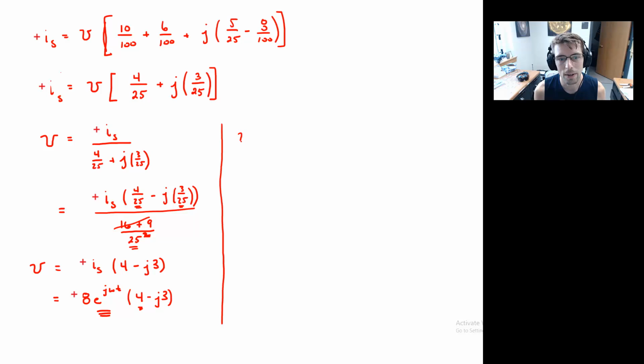Okay. So what do I have? I have v equals negative 8, and then I have cosine of omega t plus j sine of omega t. And I want to multiply that by 4 minus 3j.